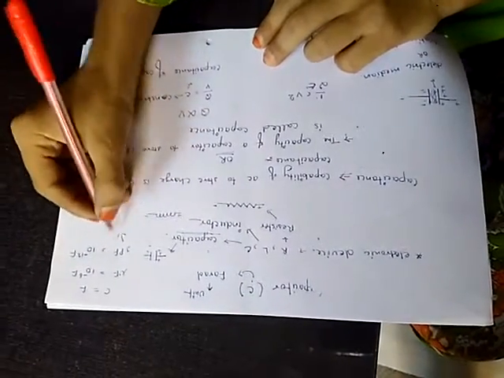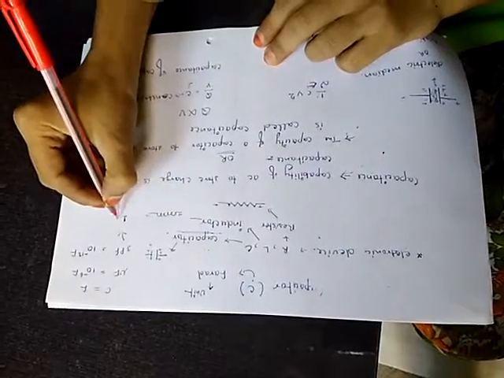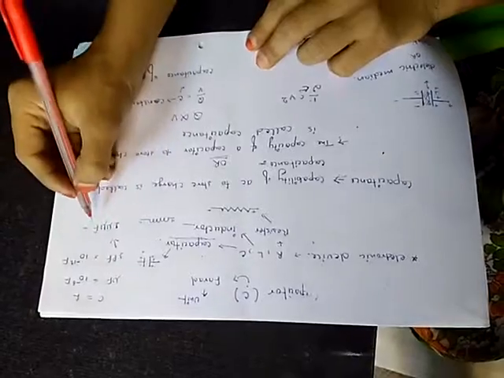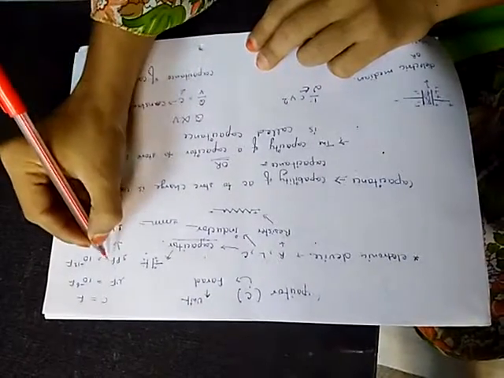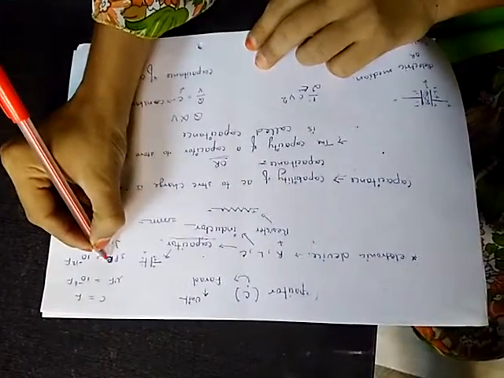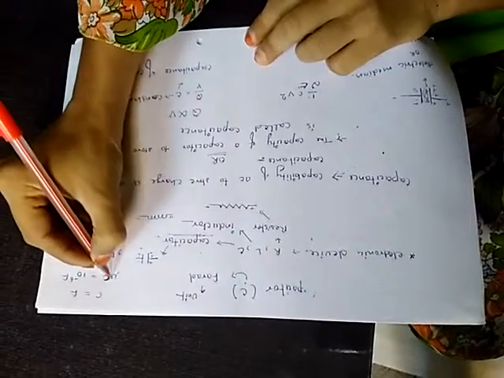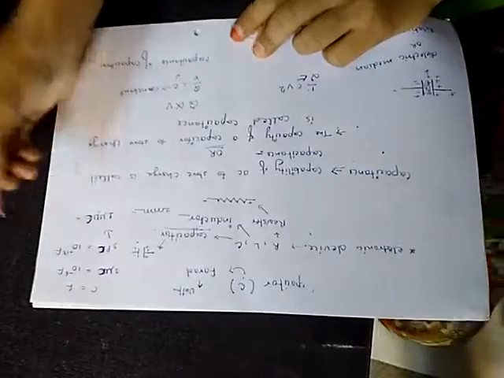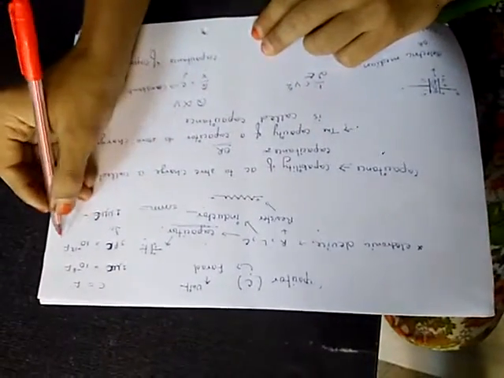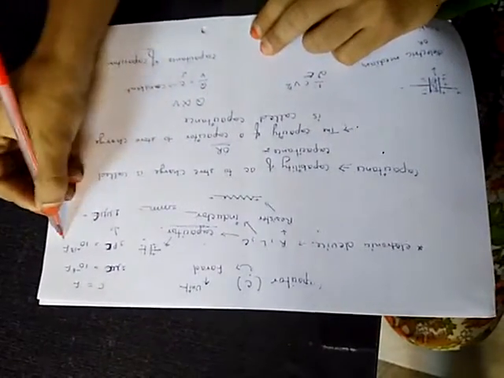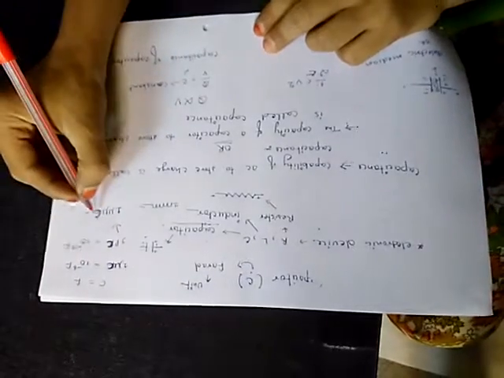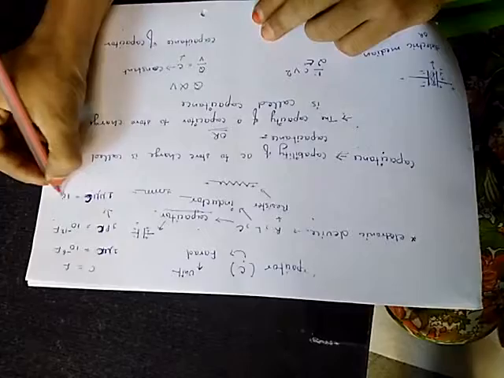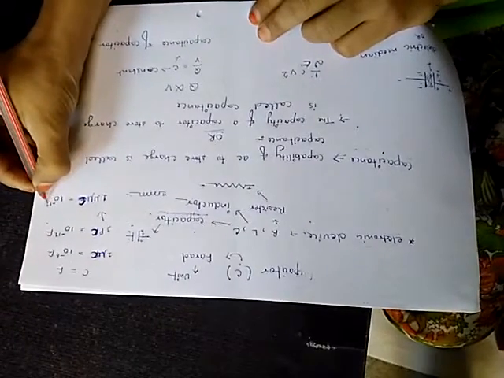And we can also write 1 microfarad capacitor. Microfarad, sorry, it's a micro capacitor. 10 to the power minus 6; a picofarad is 10 to the power minus 12 farad.